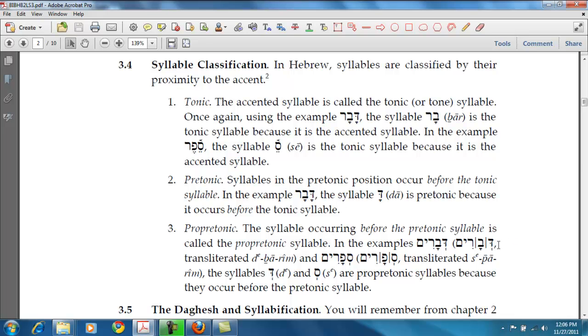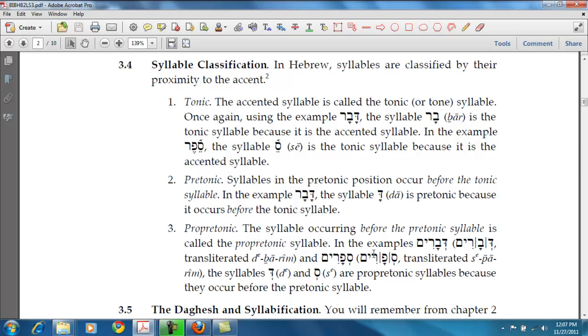So the de is the propretonic, and the se here in sefarim is called the propretonic syllable because it occurs before the pretonic syllable. So this is propretonic, pretonic, and tonic. This is the accented syllable.